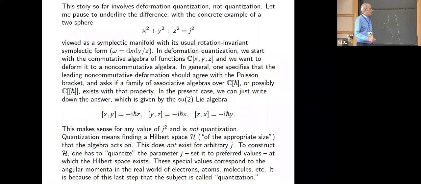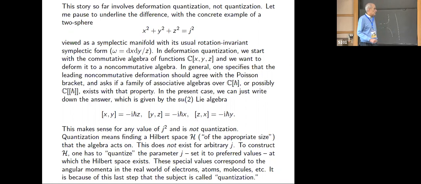The associative algebra generated by x, y, and z with these relations, and essentially this relation, makes sense for any value of j squared, and satisfies the conditions of deformation quantization. But that's not quantization. We haven't quantized the parameter j. It could be any real number or even any complex number in what I've said so far.